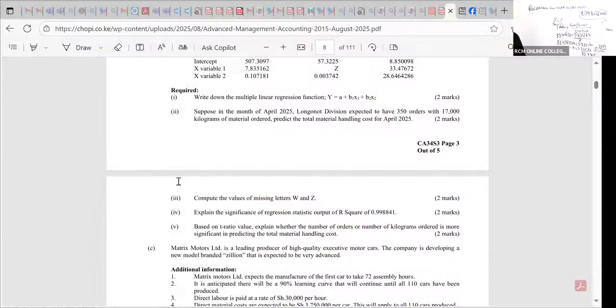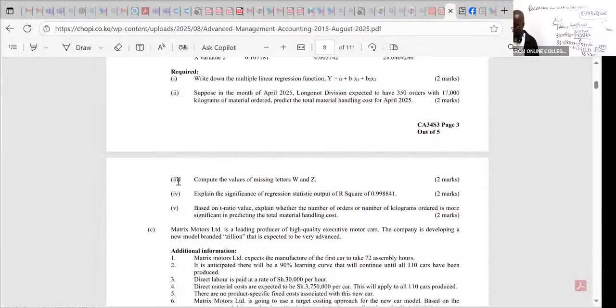So we continue. Question 4: explain the significance of the regression statistics output, R squared of 0.99. Very easy, I will get all the marks. First of all I'll change it to percentage.